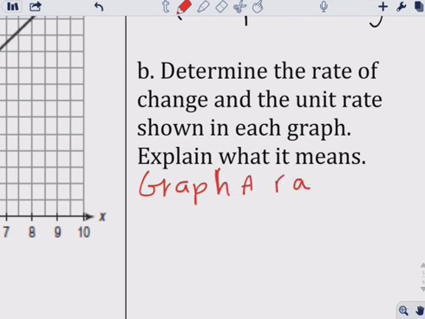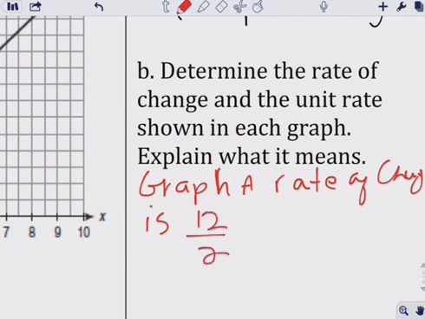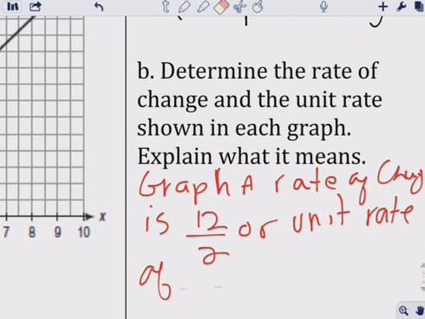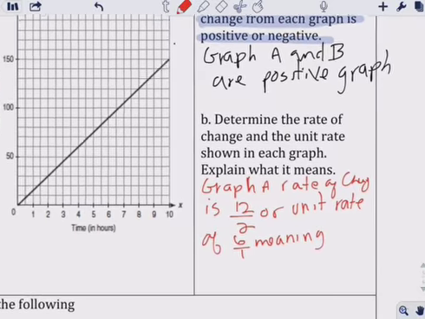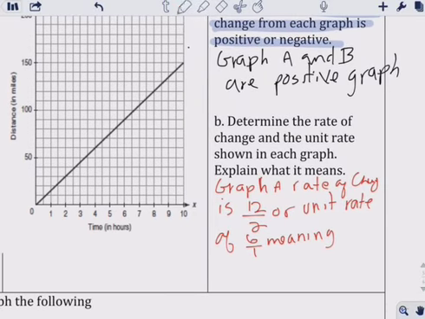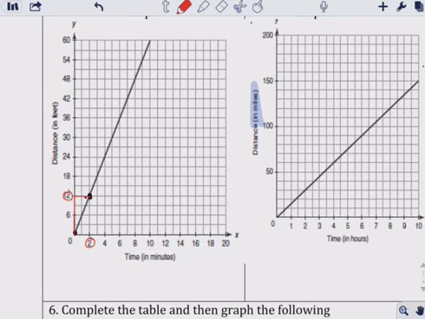Graph A rate of change is 12 over 2, or unit rate of 6 over 1, meaning 6 miles, this is miles, 6 miles in, oh no, wrong one, 6 feet.